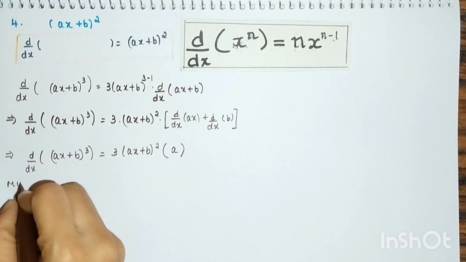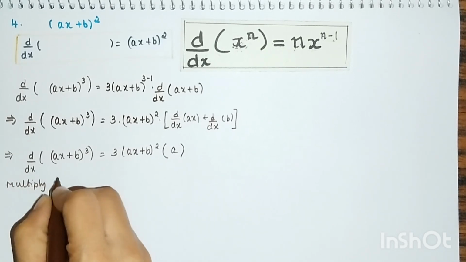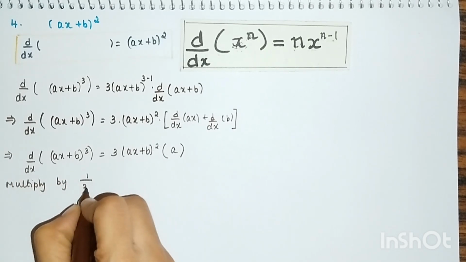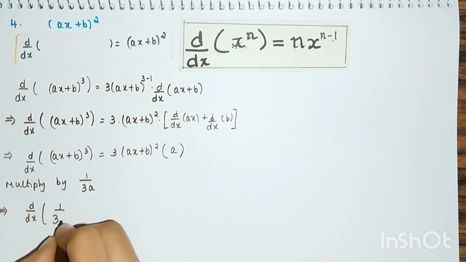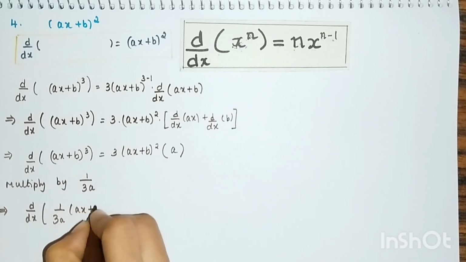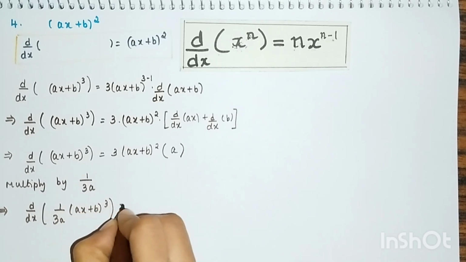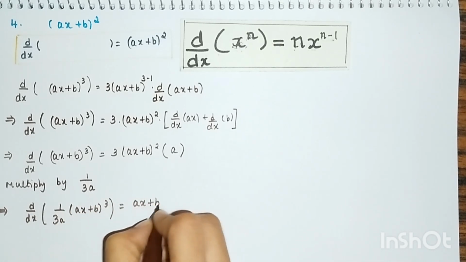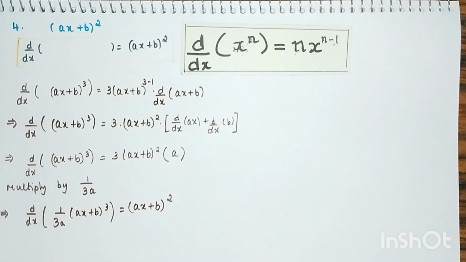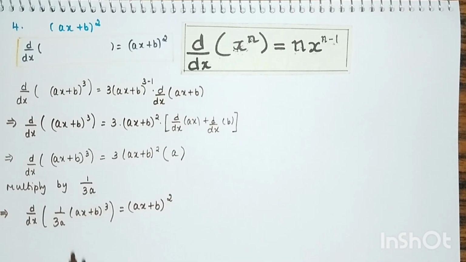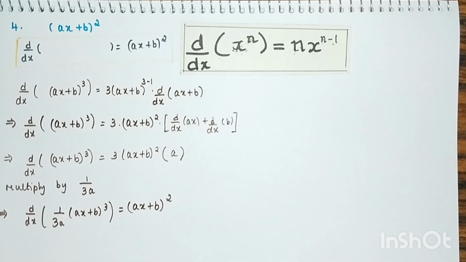But let us do it. So multiply by 1 by 3a. So here you will get d by dx of 1 by 3a into ax plus b the whole cube is equal to ax plus b the whole square. Which step have we skipped here? We have directly written 1 by 3a into ax plus b the whole cube.